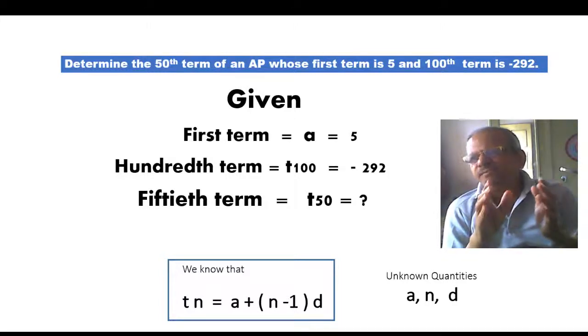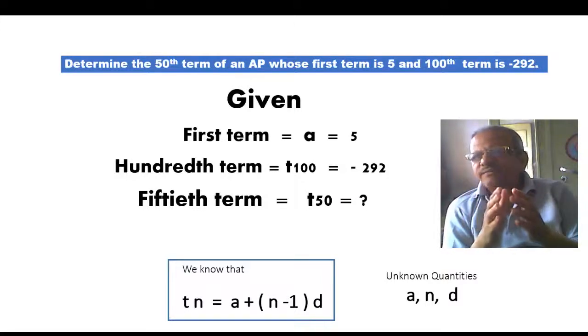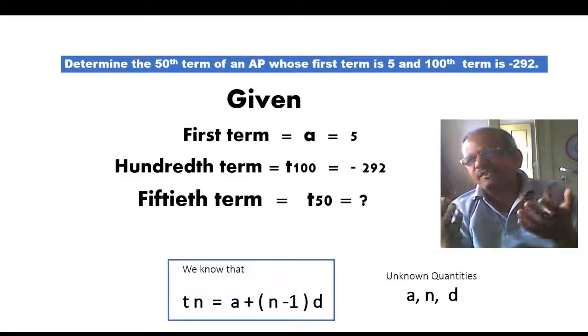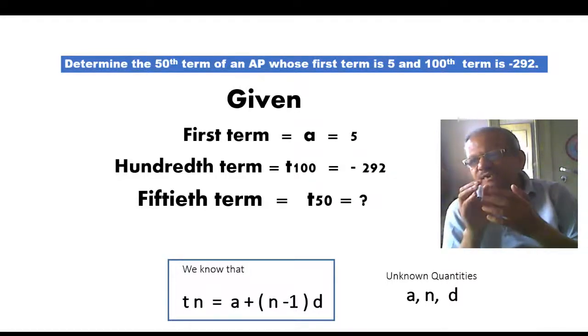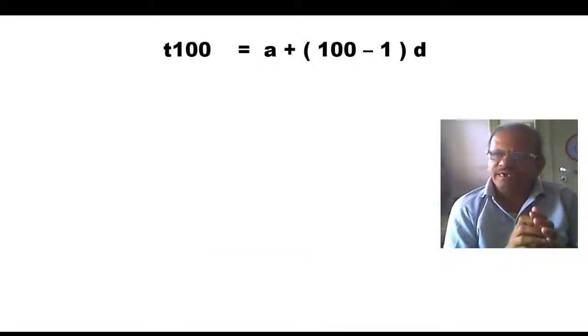We have to find the 50th term, so N will be 50, but we do not know D, the common difference. To calculate this common difference, the 100th term is given, so from this 100th term we can calculate the common difference. So see how that can be calculated.